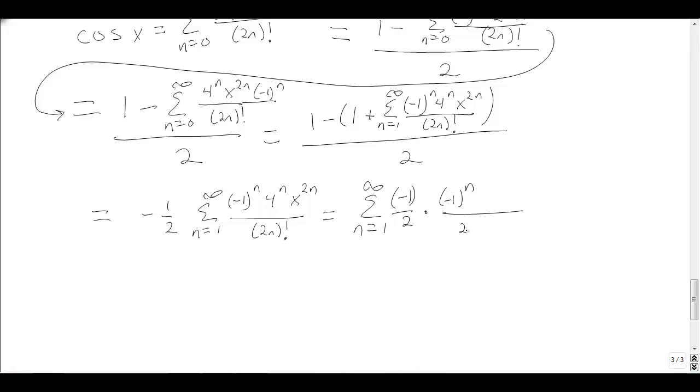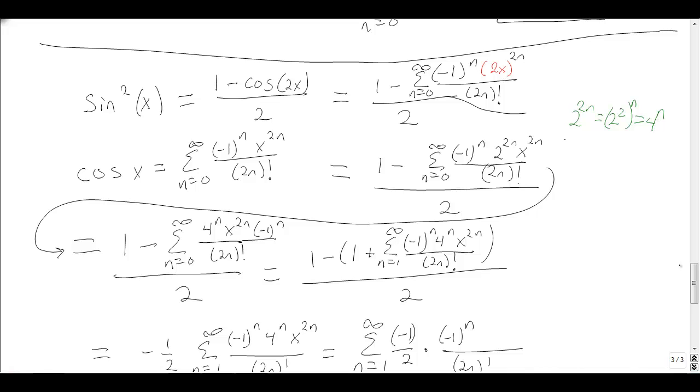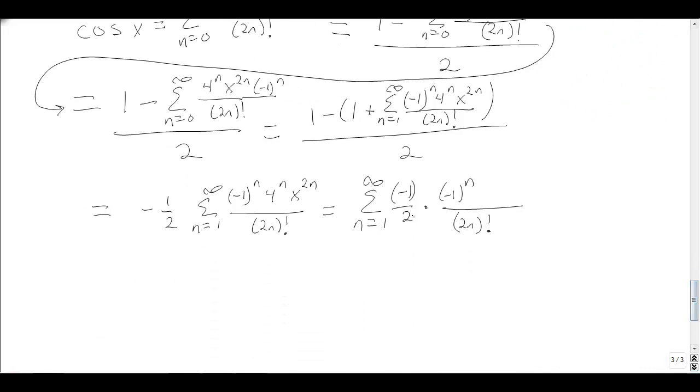I'm going to do a 2n factorial, and I'm noticing something here where I switched 2 to the 2n to 4 to the n, but now I'm realizing I have a 2 in the denominator. So I probably didn't really want to switch that 2 to the 2n to 4 to the n because I want to cancel a 2 here. So I'm going to go back and go that 4 to the n is 2 to the 2n. And I have an x to the 2n.